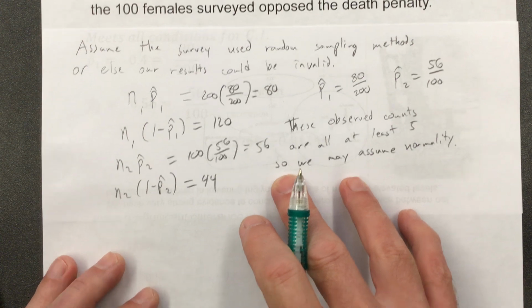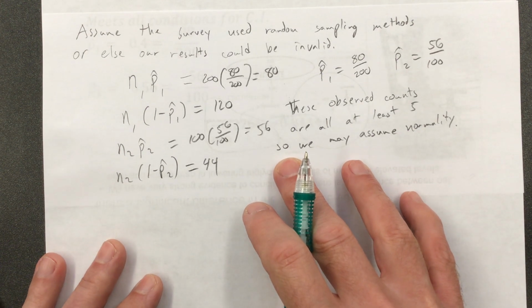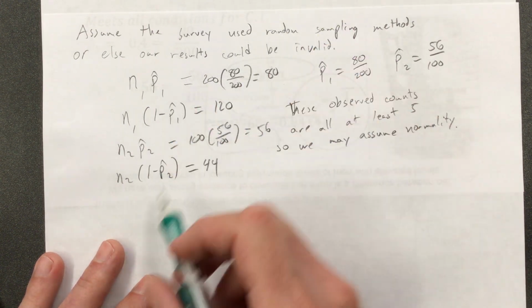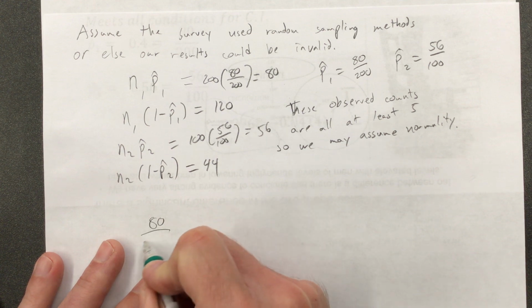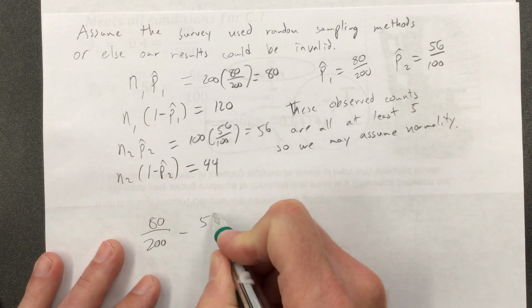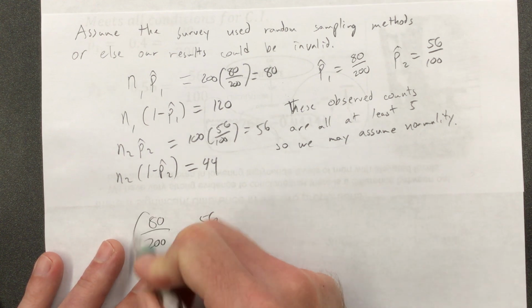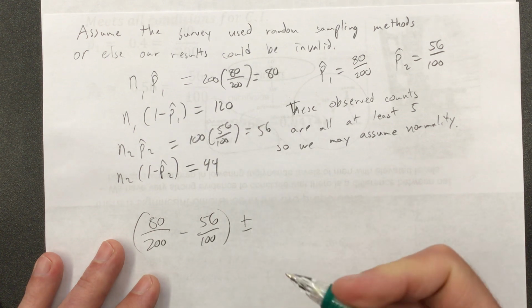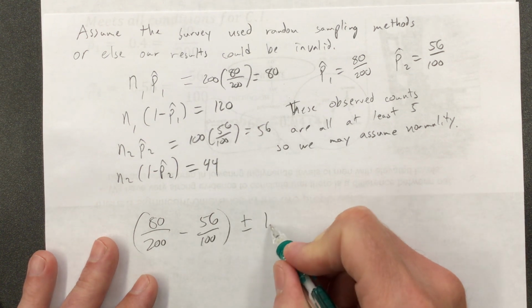Okay, let's do our 95% confidence interval for the true difference. So our first group was 80 out of 200. Our second group was 56 out of 100. Plus or minus 95% confidence.